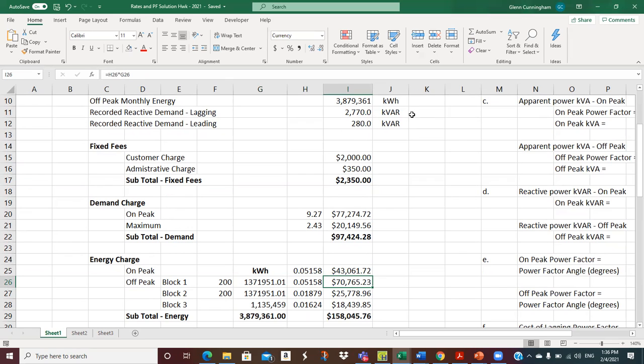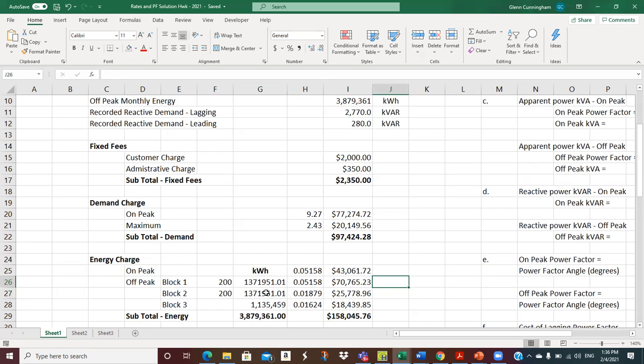There's another $70,000. And then the second block, you just have to make sure that you're not paying for more than you use. You can just highlight these two cells, and it'll tell you the sum is 2.7 million, but the off-peak energy is 3.8 million. So you've saturated both blocks.